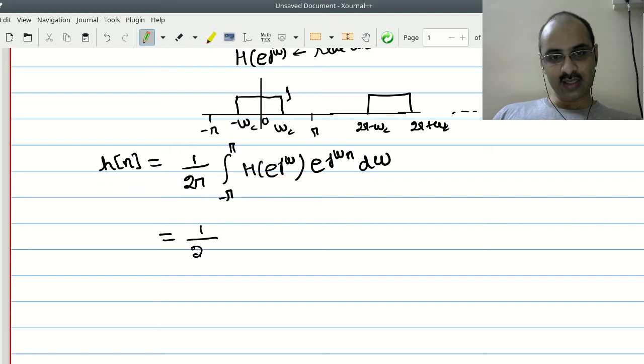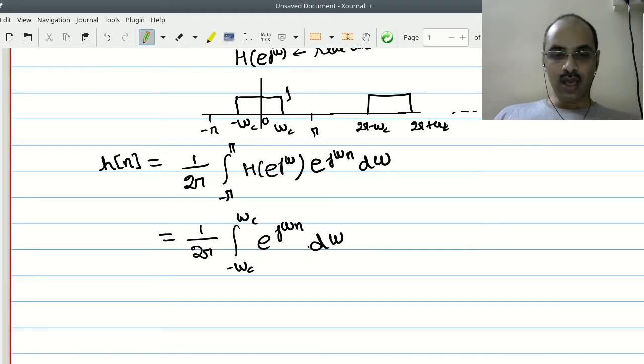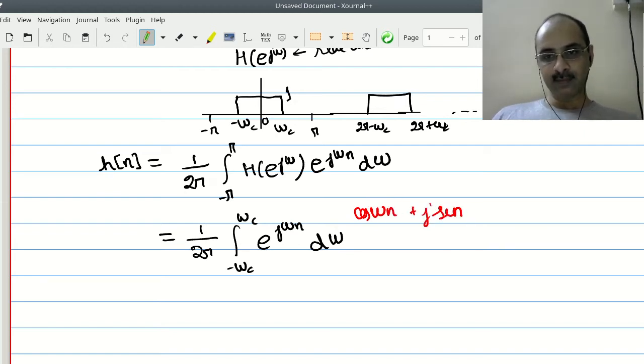So I can rewrite this as 1 upon 2 pi integral from minus omega c to omega c of e power j omega n d omega. Now e power j omega n can be written as cos omega n plus j sin omega n.